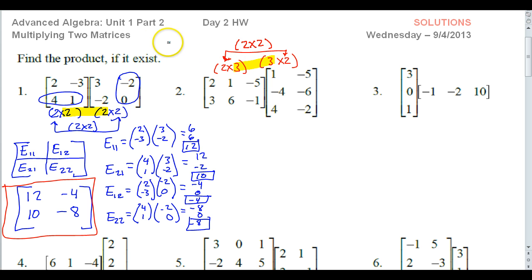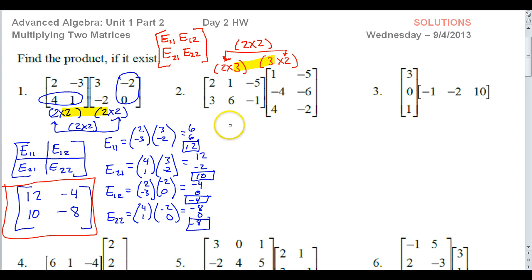If I know it's going to be a 2 by 2 matrix, then I'm talking about like this. Element 1, 1, element 1, 2, element 2, 1, and element 2, 2. Exactly the same as last time, which was also a 2 by 2 matrix.